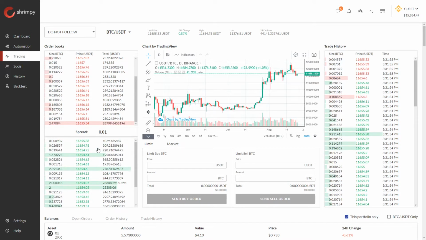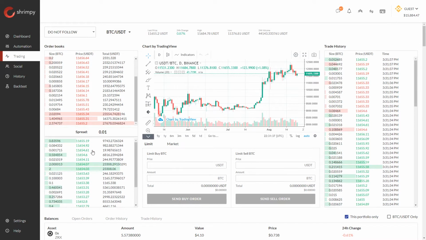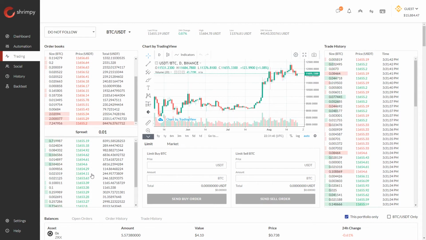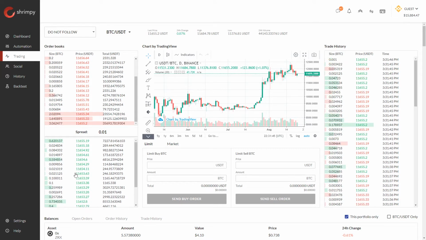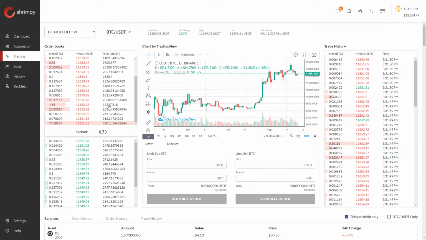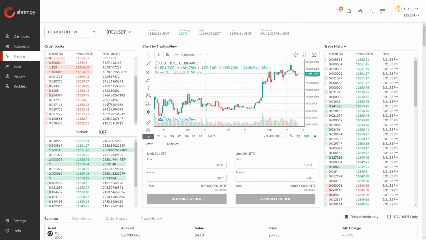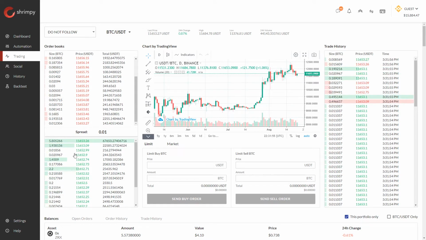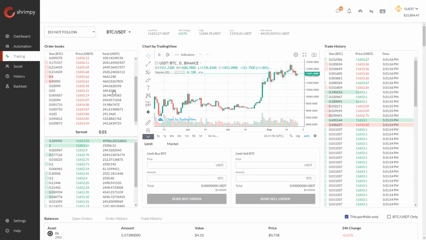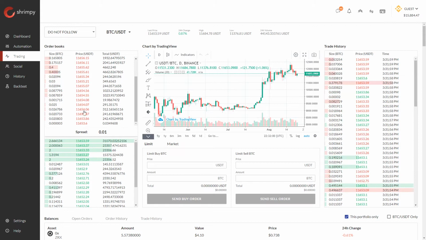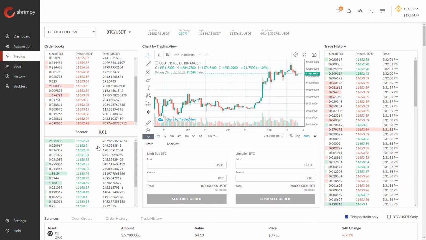And the reason that we know this is the case is because when you're trying to buy an asset, you would want to offer a price that's lower than the current asking price. And if you were trying to sell Bitcoin, you would try to sell it at a price that is higher than the current bid price, which is down here. So these are the asking prices and these are the bid prices.